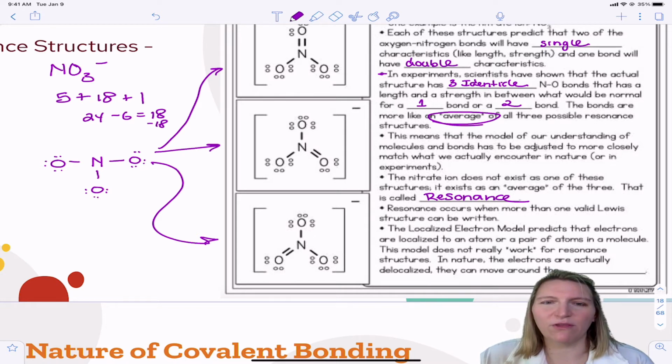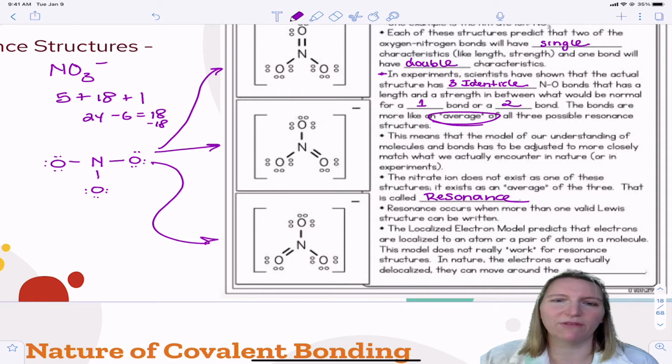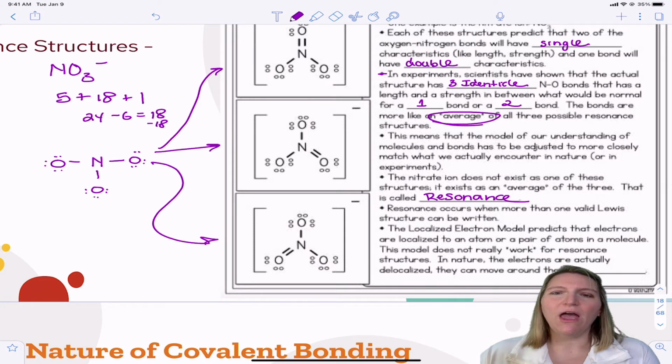The model that we have used before is really about localized electrons. Electrons are either lone pairs or they are in bonds, and a bond is when a pair of electrons is shared between just 2 atoms. That model is just not adequate to explain everything that we see in nature.